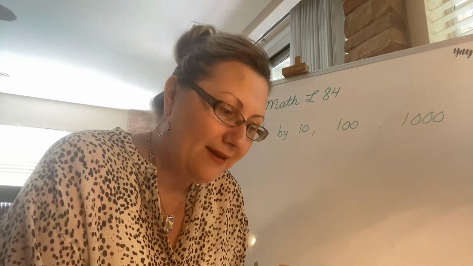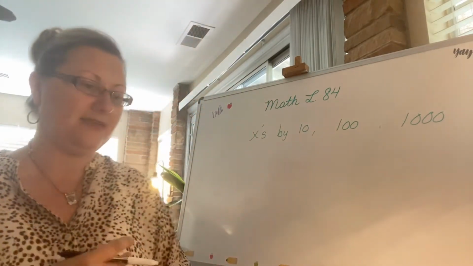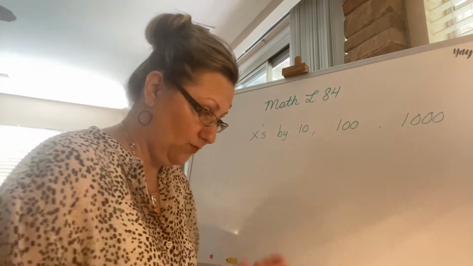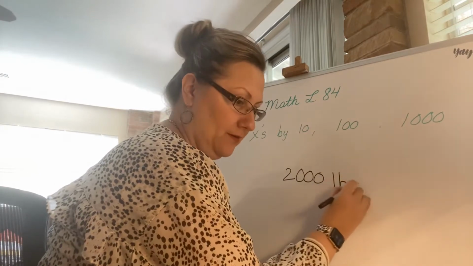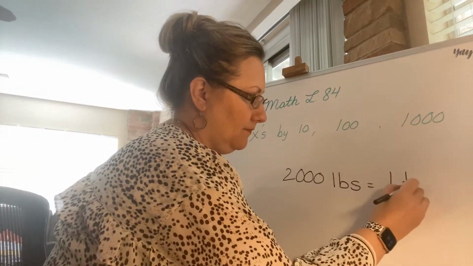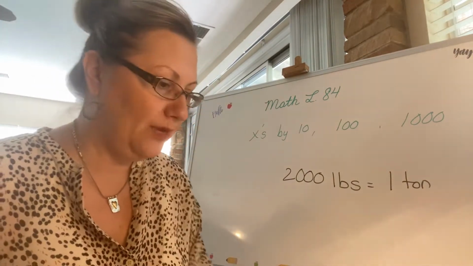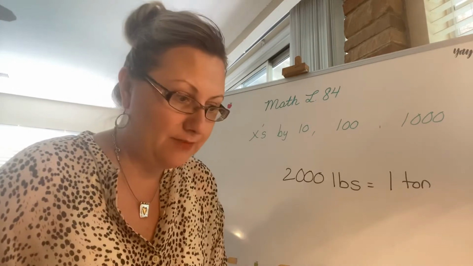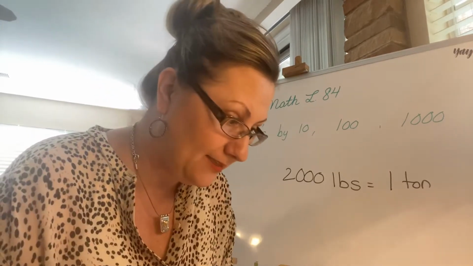How many pounds is that? Well, we've already learned in a previous lesson that 2,000 pounds equals 1 ton. So we need this knowledge, first of all. 2,000 pounds equals 1 ton. And so we can multiply 2,000 times the 10 tons of cement that we were told in the first place.